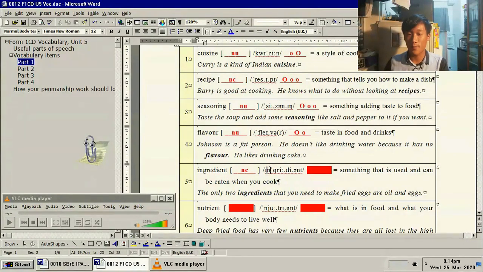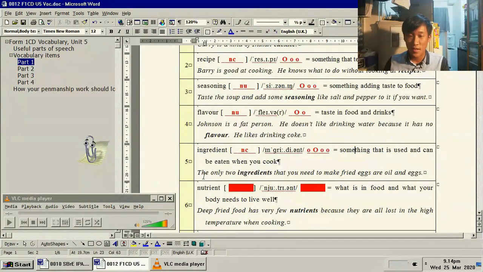Syllable 1. Syllable 2 will be stressed. Syllable 3 unstressed. Syllable 4 unstressed. So, weak, strong, weak, weak. Da da da da. Ingredient, sorry, 4 syllables. Ingredient. The strength, the pitch pattern is like this.